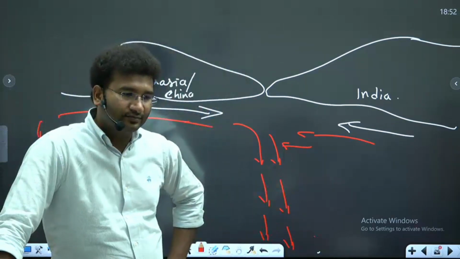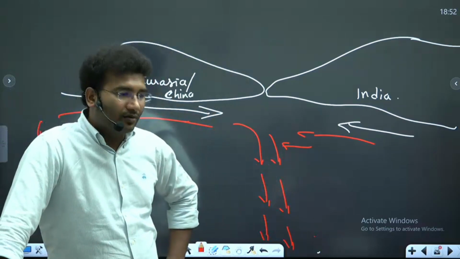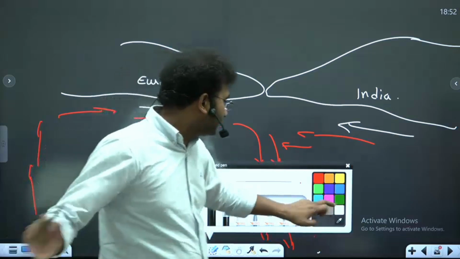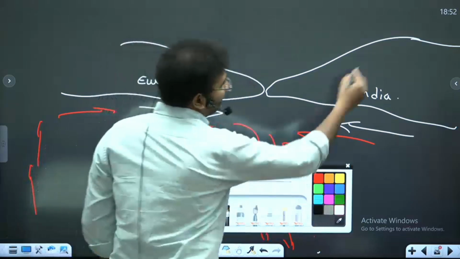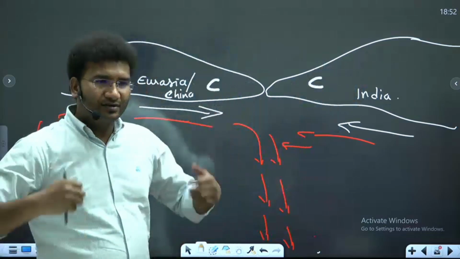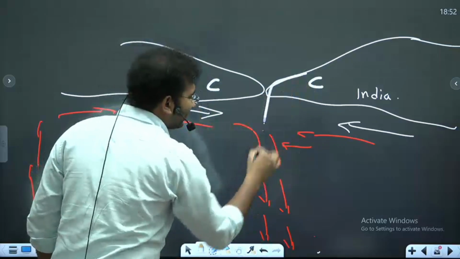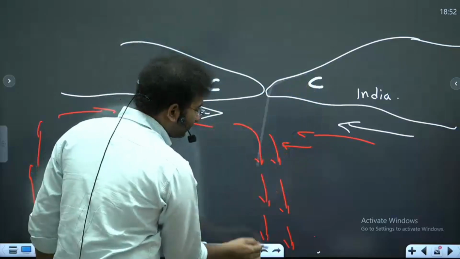Clear? This is how the convectional cell is there. Now, in this particular case, number one, both are continents. This is also a continent, this is also a continent. Same density. Neither will go and sink. See, sinking will happen like this. But in this case, there is no sinking.